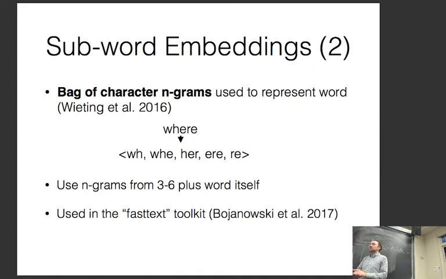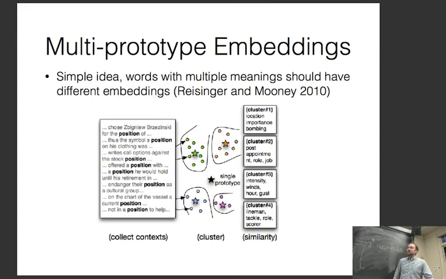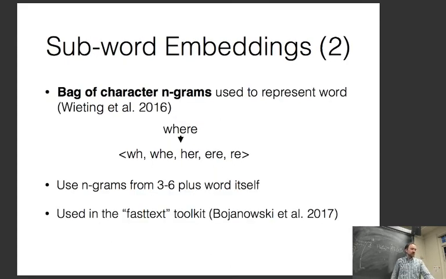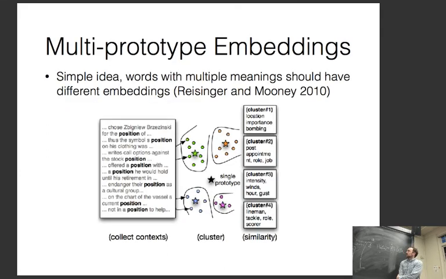The reason why this is useful is that it's really efficient to calculate. You just need to look up the n-grams and add them together. But it's also a good way to get subword information, not just information about the word itself. So that's all for subword embeddings, which solve the problem of not considering word form when we're calculating our embeddings.